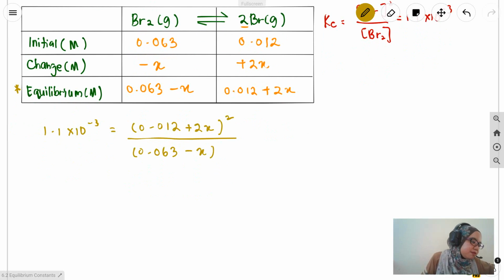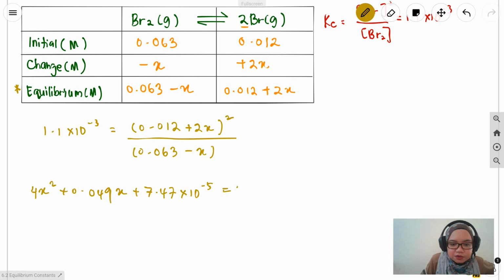After expanding and adding everything, you will get 4x squared plus 0.049x plus 7.47 times 10 negative 5 equals 0.